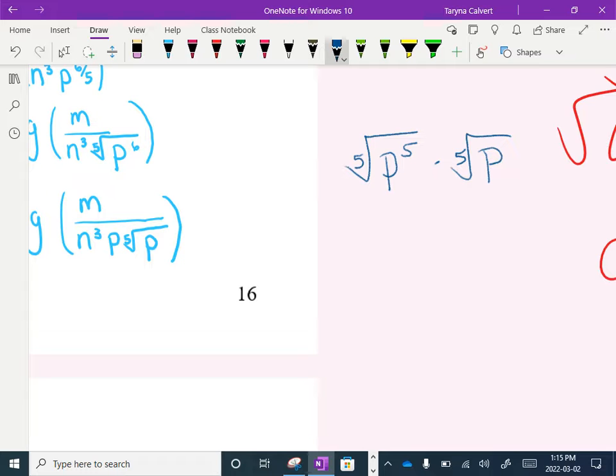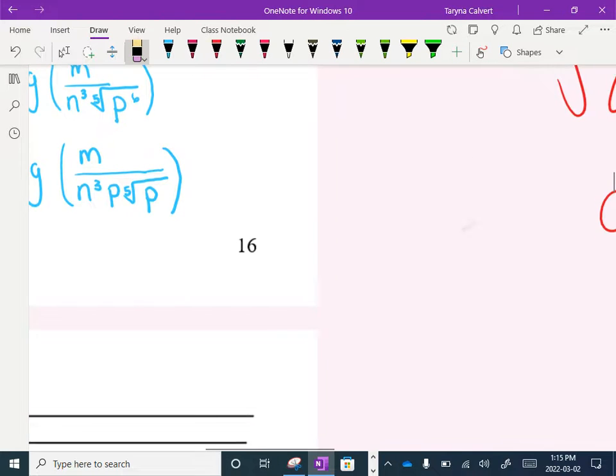So the index will tell you how many to bring 1 out. So if it's a fifth root, I gotta take 5 of them out to get 1, right? Because it'll cancel. If it's a square root, all multiples of 2 can come out as a 1. So for here, you have 4 instead of 1.